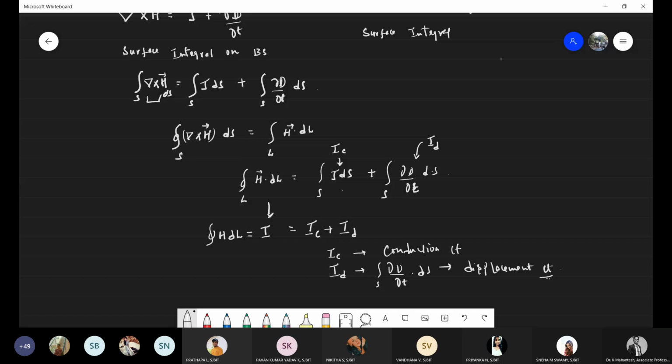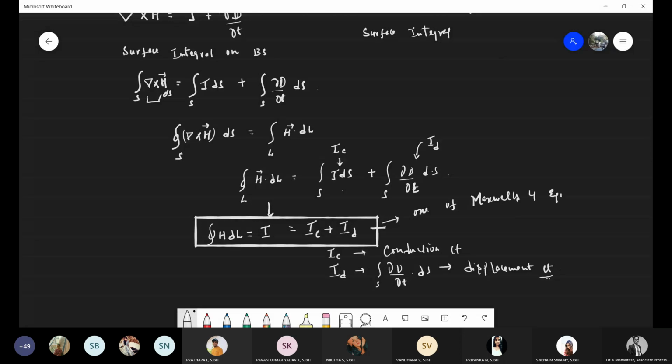Again, this equation is one of Maxwell's 4 equations in integral form, and it is also called Ampere's circuital law in integral form. So we have derived the second one.